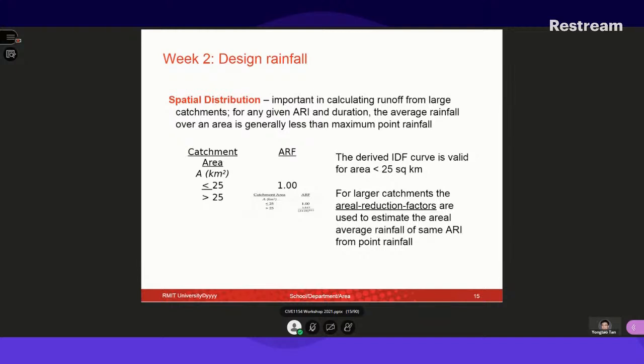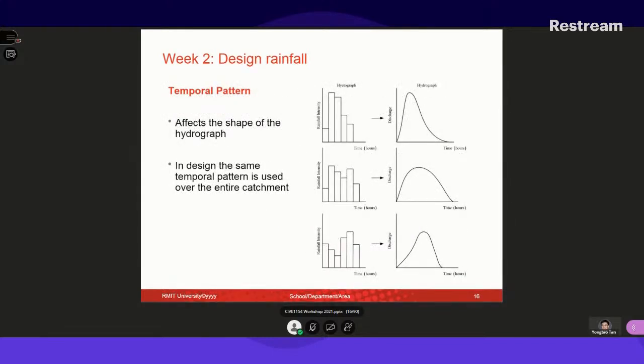You can check that in the e-textbook or in the lecture slides. Normally this factor is less than 1 if the area is larger than 25 square kilometers. Okay, so this is the spatial distribution of the rainfall.